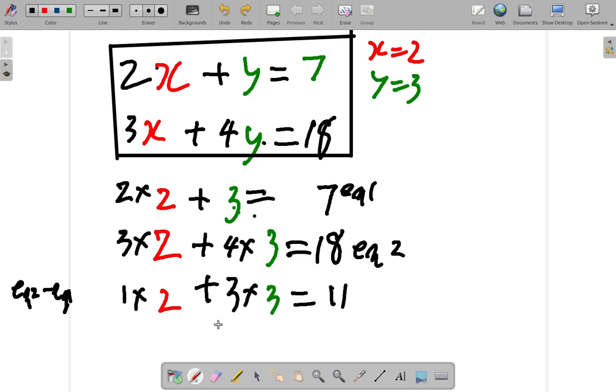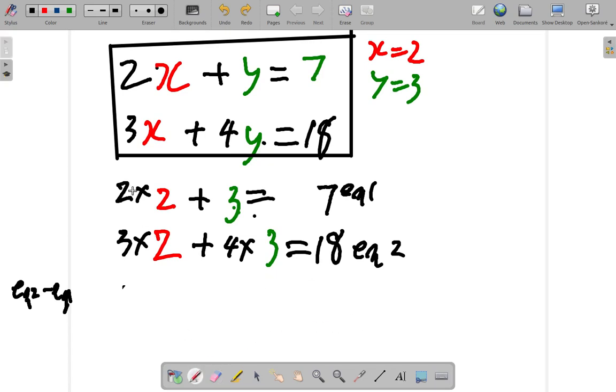Let's see what you have here. 3 3's are 9. 2 plus 9 is 11. Good. So you can always subtract two equations and get a third equation which is valid. So those steps really work out.